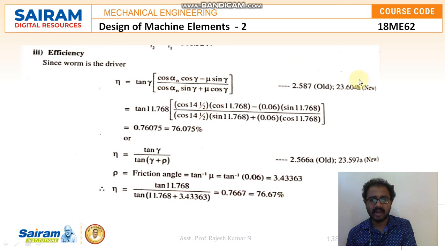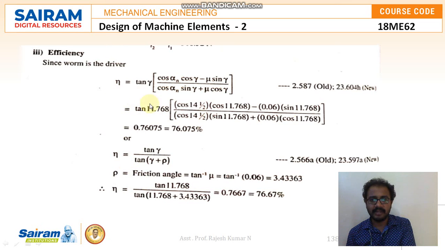Since the worm is the driver here, take the efficiency formula from the design data handbook as 23.604H, and if you are okay with me, you can go with 23.597A also, because just now in the previous problem, a design procedure problem, we discussed these two formulas.